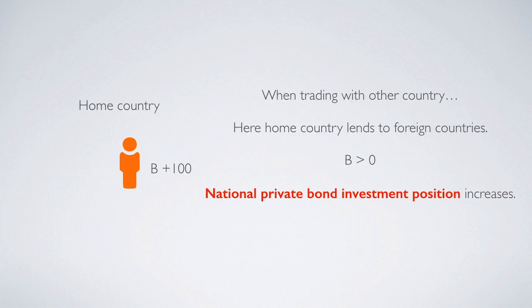So in this story, the home country bond position increases by 100, but the bond is not issued by a home citizen, so there won't be a lender side within the home country. Therefore, it will not cancel out this positive 100. What we have so far is that if the home country lends money to a foreign country and obtains foreign bonds, then the home country's bond position will increase due to that transaction.